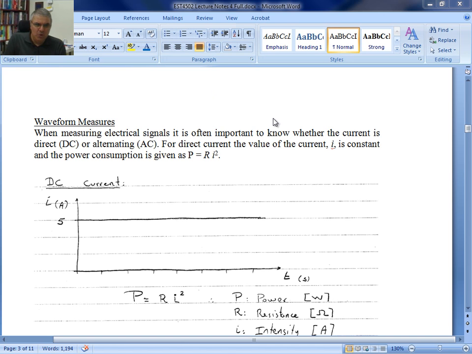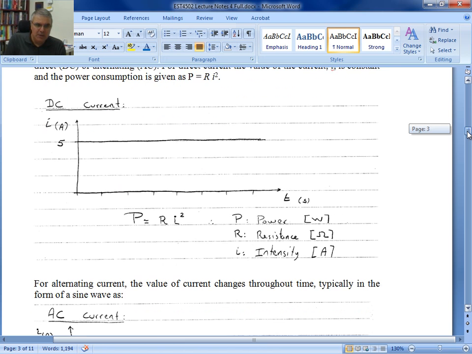So as you may know, or you should know, if you've already taken a circuit analysis class, there are two types of current that we are dealing with in circuits. One is DC, the other one is AC, the direct current and the alternating current.